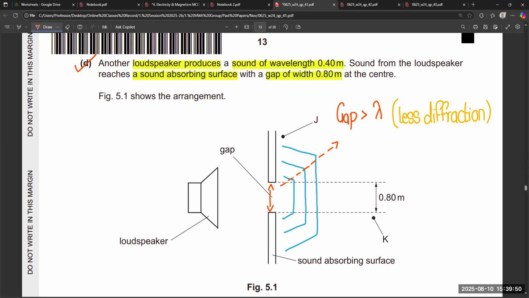So that's why it is not possible to detect sound at J, but it is possible to detect sound at K, because K is in front of the waves. So when the wave travels in the forward direction, definitely at this point we are able to detect the sound.